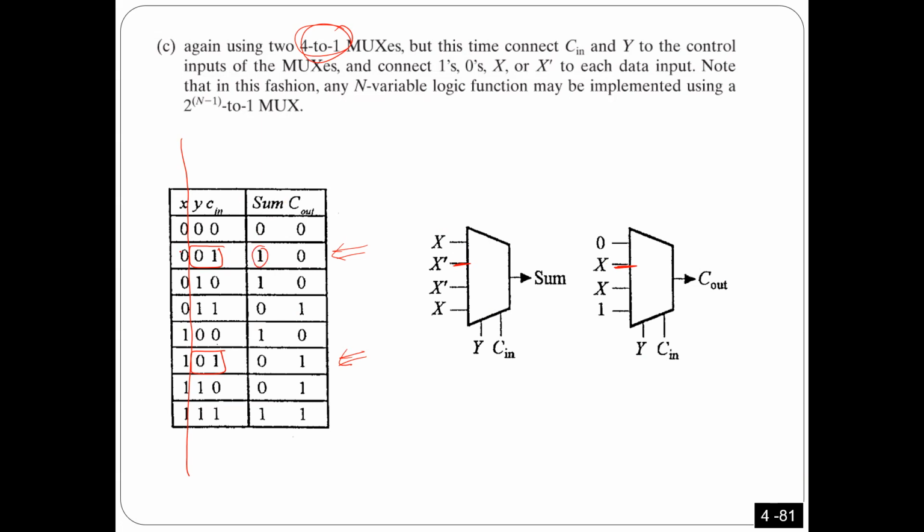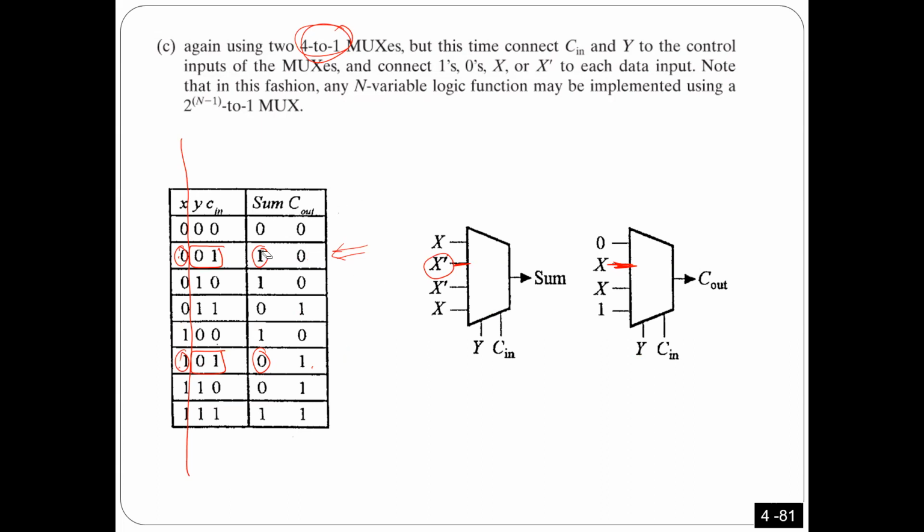This one was 1, this is 0. This is 0, this is 1. Complement. That's why I'm going to put here complement. Okay, let's look at the second one. When it was 0, I got 0; 1, I got 1. So it's the same. That's why I put here X. Okay, guys, any questions?